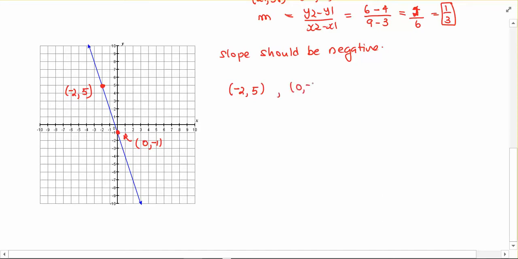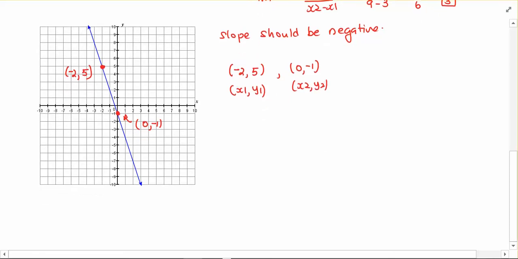Once you name them, stick to the formula correctly. So I'm going to think of this first one this way, and x2, y2, and so m is y2 minus y1 over x2 minus x1.